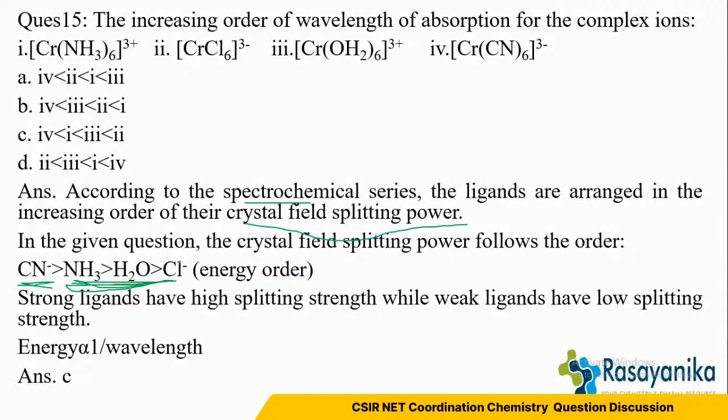Similarly here, we would mark the order like 2, 3, 1, 4 for the energy. But no, it is not the order we want. We have the wavelength, and energy is inverse of wavelength, right? We have been asked for the wavelength, so you need to mark the wavelength. This is the order for the energy, not the wavelength.